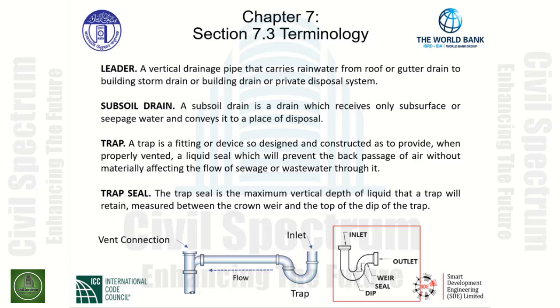This is where the fluid spills over into the outlet. That vertical distance measured from the top of the dip to the weir is known as the seal. This is where we have the liquid seal to prevent any type of gases from migrating back into the building.